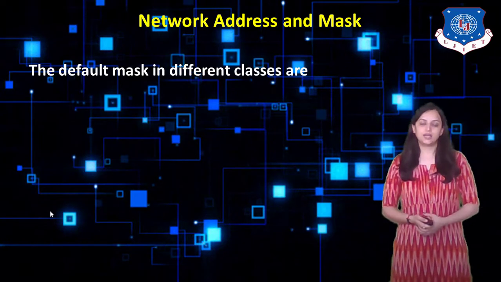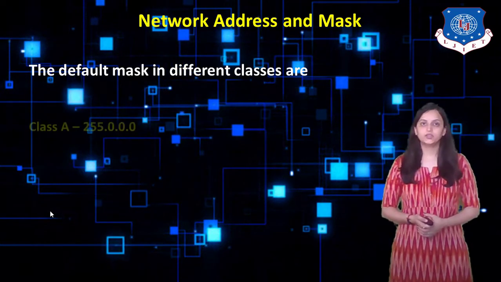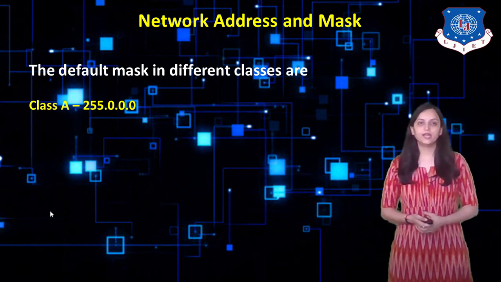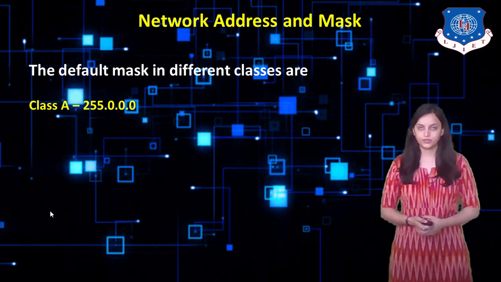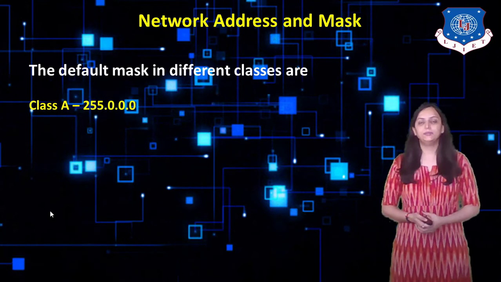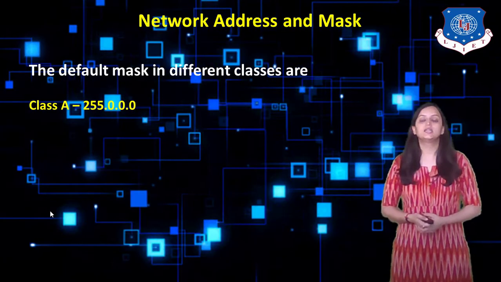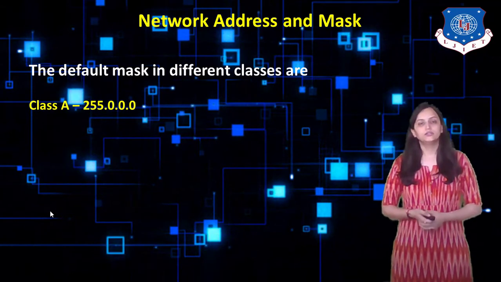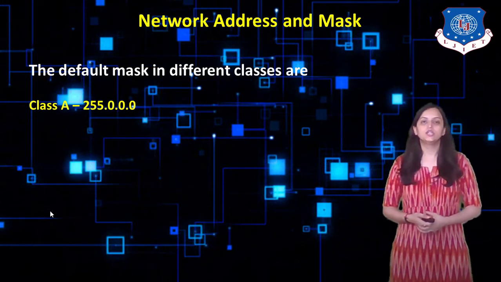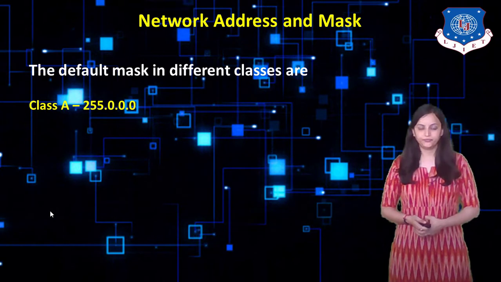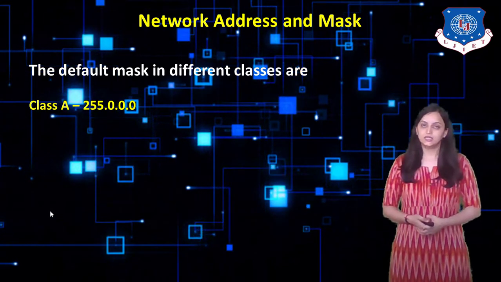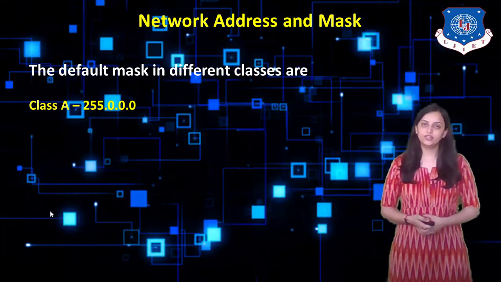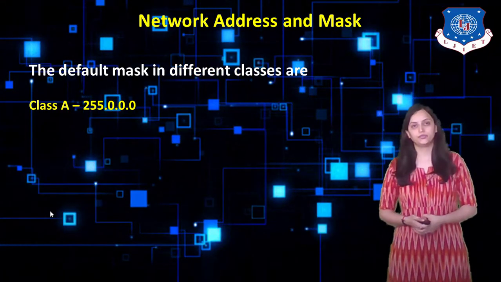The default masks in different classes are, first, for class A, 255.0.0.0. As we know, for IP addresses we use decimal notation, the dotted decimal convention. So for class A, the dotted decimal convention is 255.0.0.0.